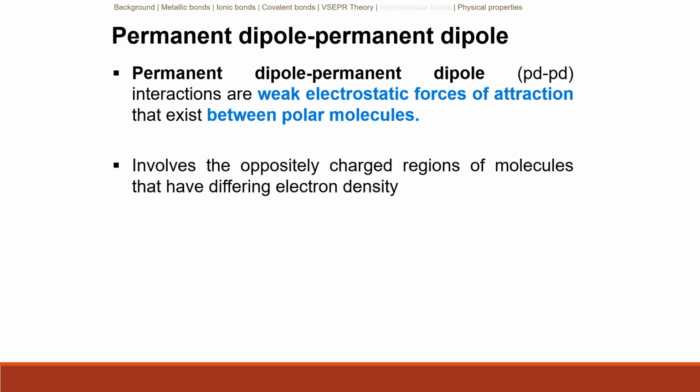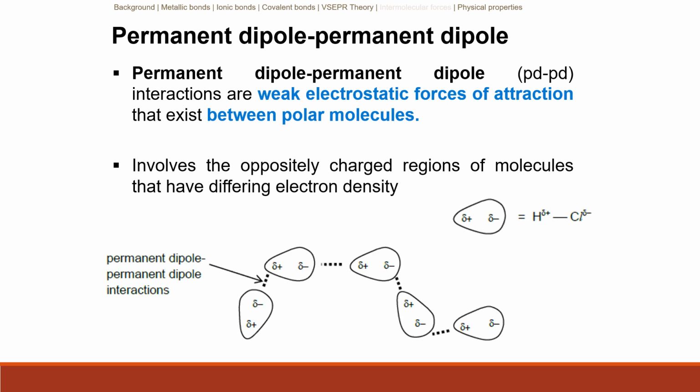It involves the oppositely charged regions of molecules that have differing electron density. Let's assume that this diagram depicts HCl molecules. Every HCl molecule has an asymmetric distribution of electron density as shown by the electron cloud here.